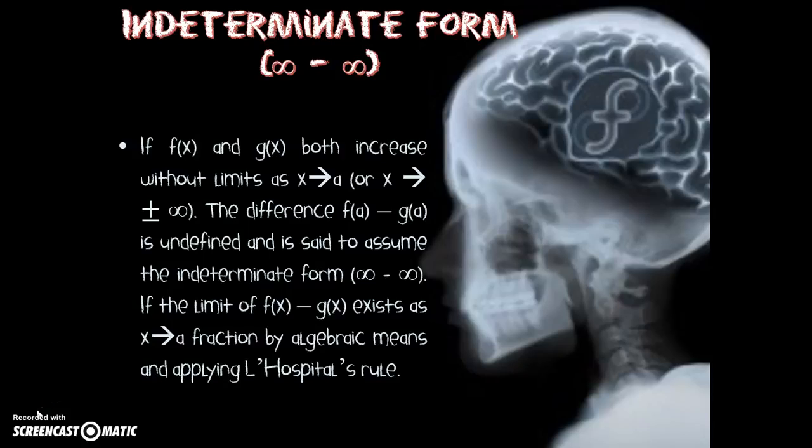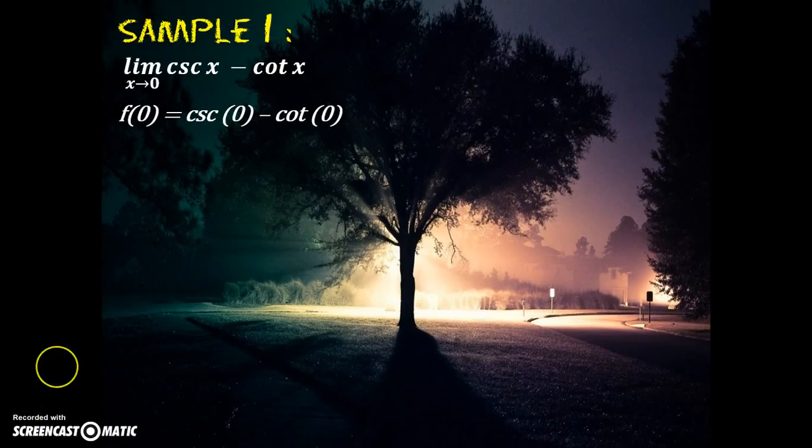If the limit of f of x subtracted by g of x exists as x approaches a, it may be found by writing the difference as a fraction by algebraic means, and applying L'Hopital's rule. For this kind of indeterminate form, here are some examples.